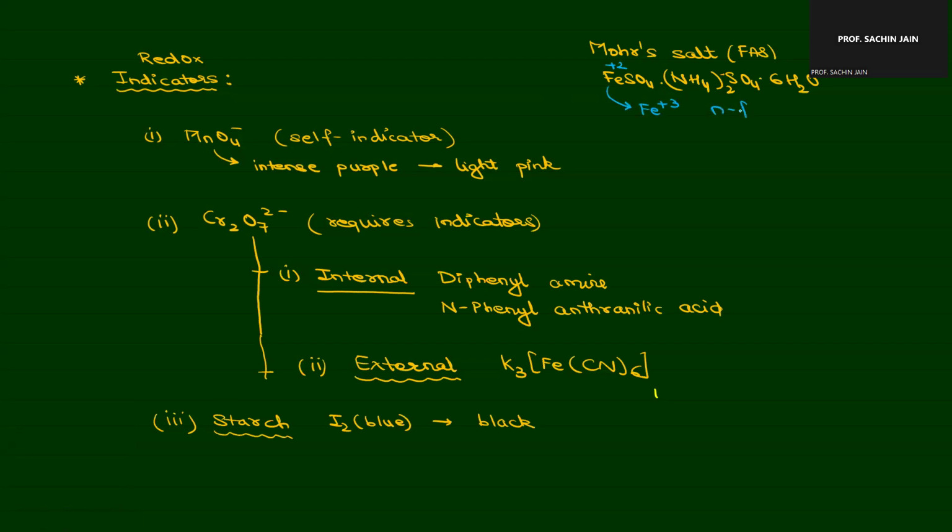So in this reaction, the N factor involving Mohr's salt is to be taken as change of 1 into the number of atoms 1, meaning 1. So for any Mohr's salt related reaction, if you are asked the equivalent mass, it will be molar mass upon the N factor. So this is all about the redox indicators which are commonly used in the titration of redox reactions.